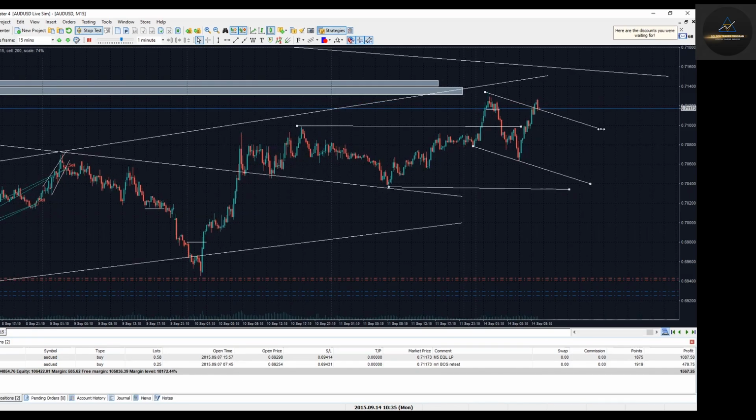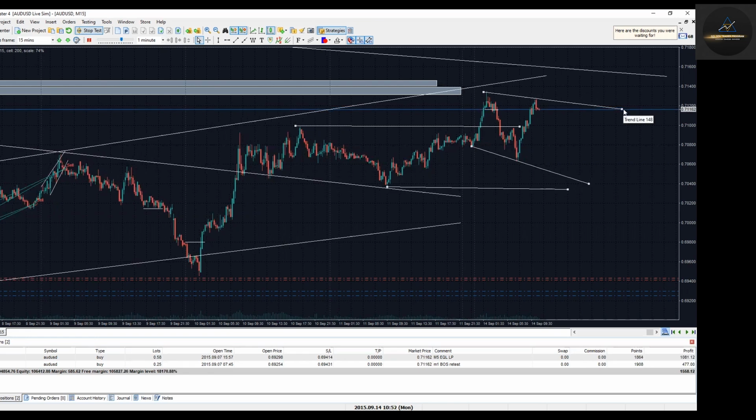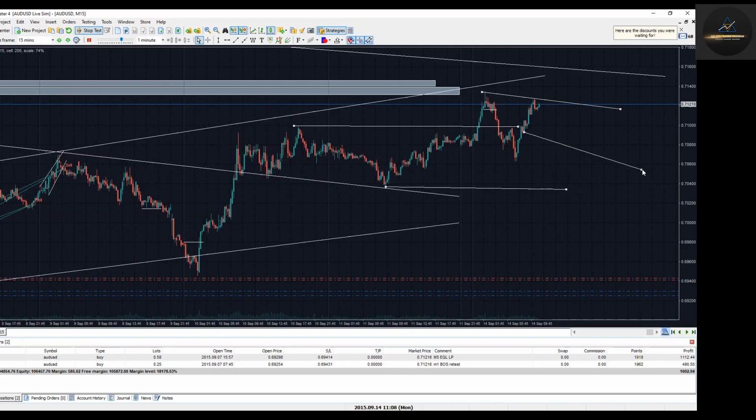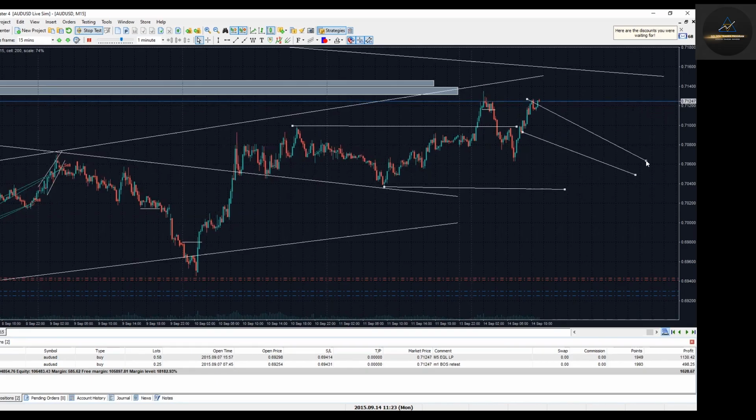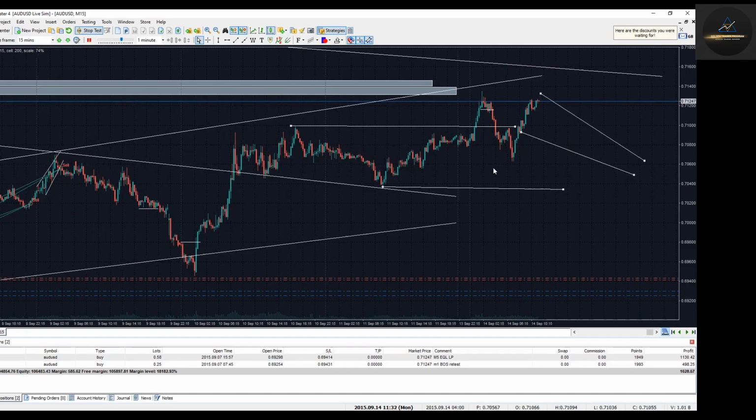Pattern is looking like an expanding pattern now, so I'm not feeling it. So now I'll be looking for a pattern around here, potentially. Speed it up.